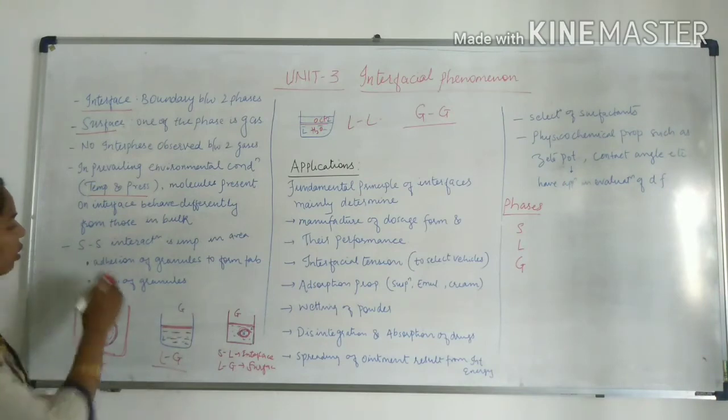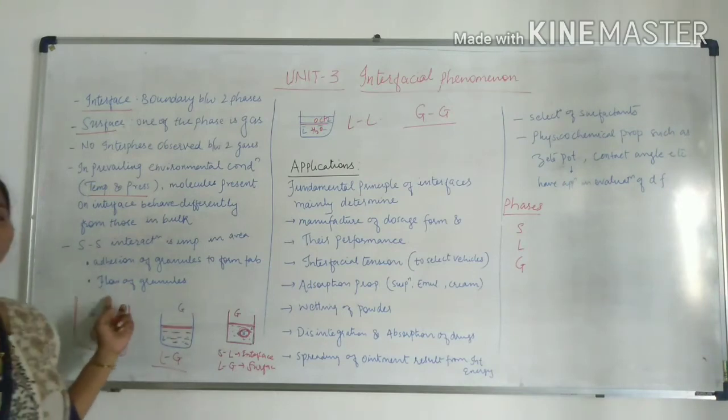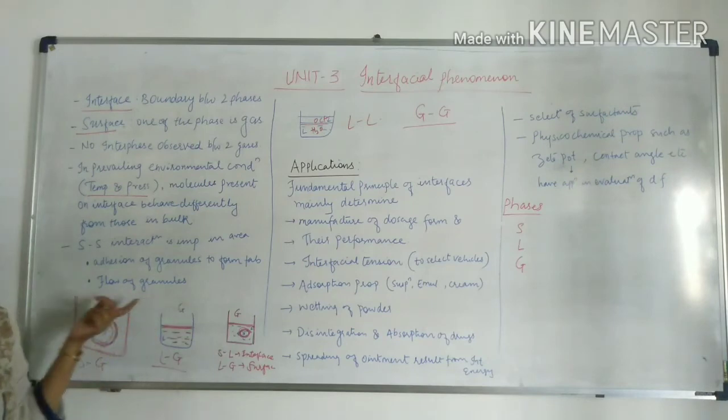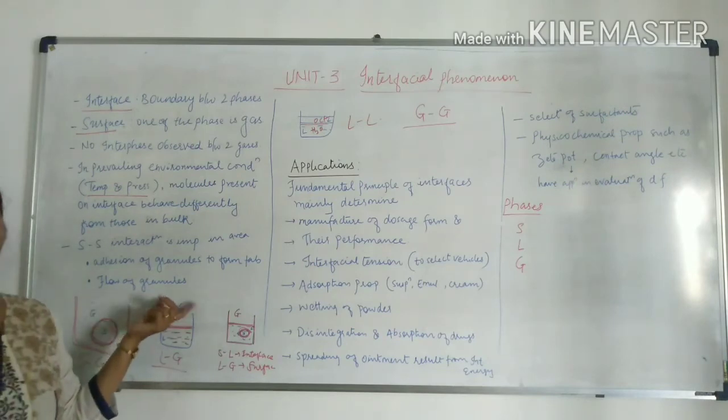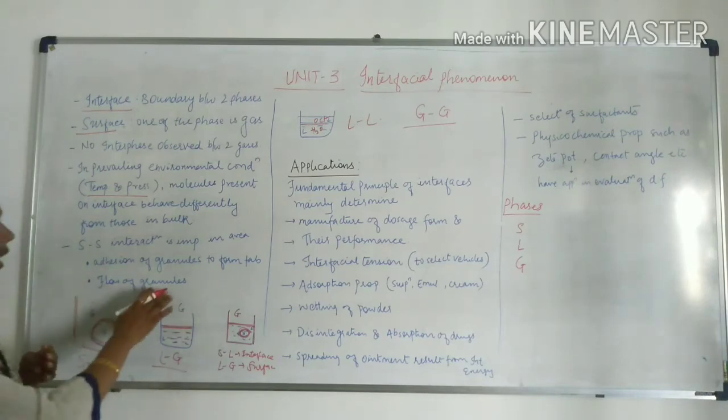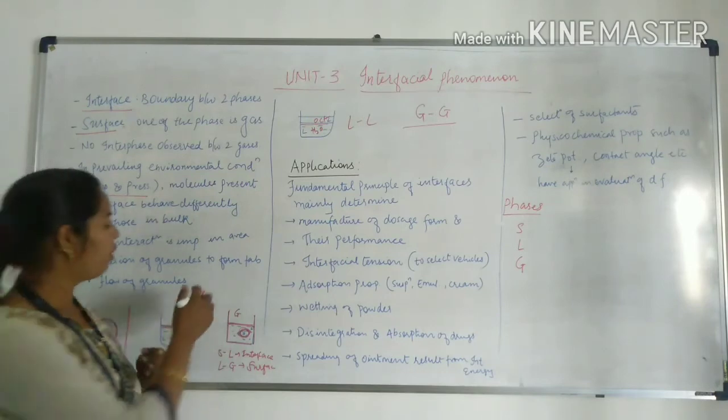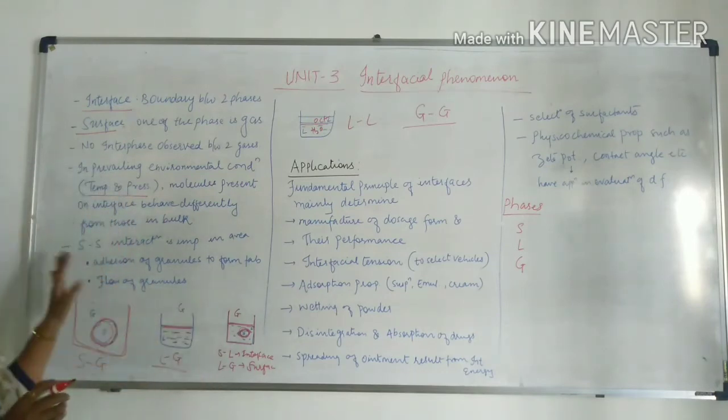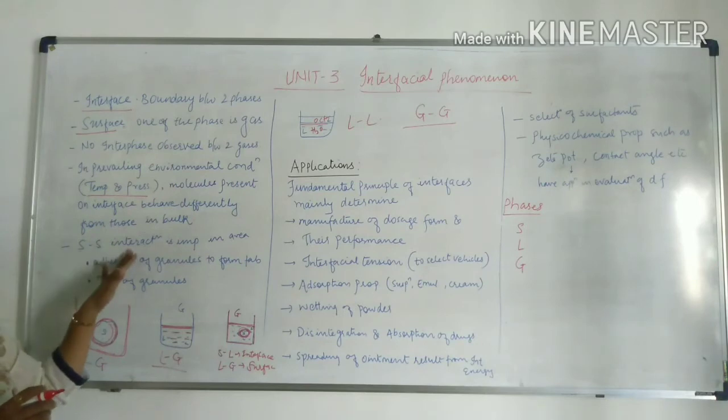And through this solid interaction, again, we will find the flow characteristic of the granule, or we will make the granule flowable from the hopper. So this was the solid interaction.